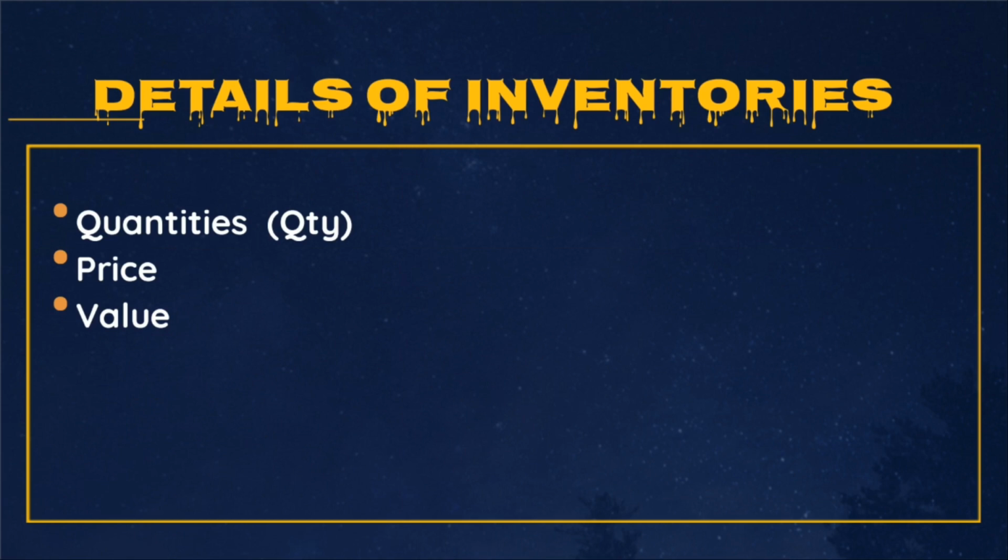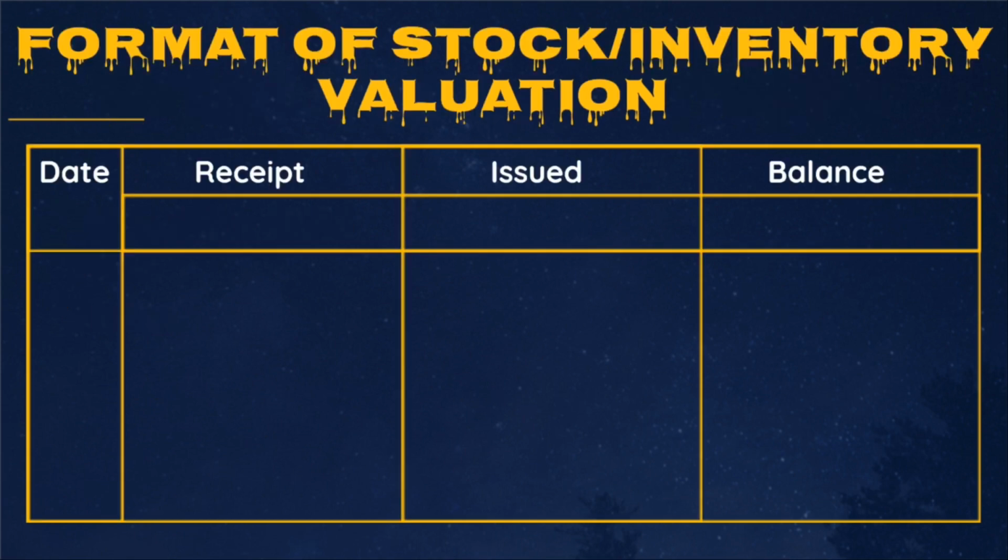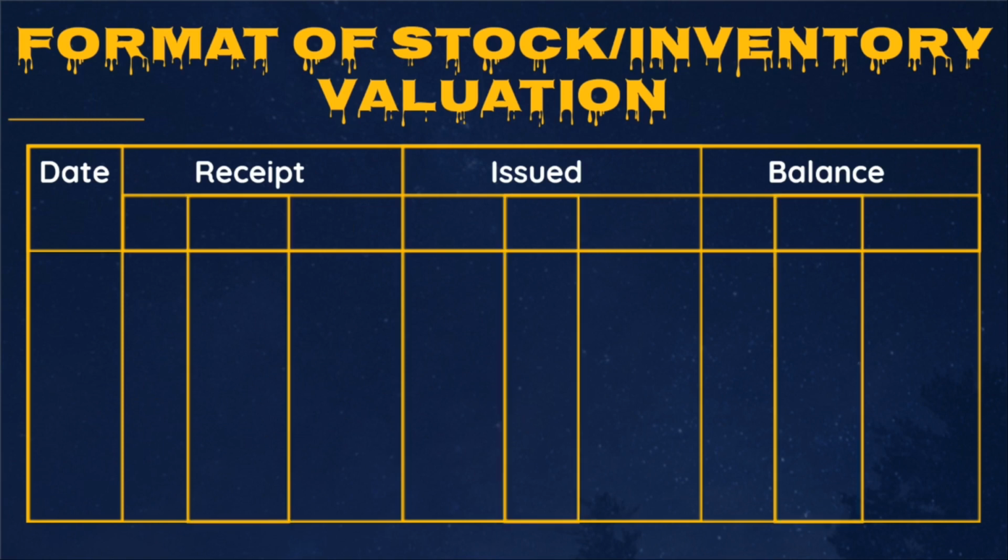So for each of the items that are received or issued out from the store, this information has to be taken. Let's go back to our inventory valuation account. Just like I said, for the receipt, we are going to have 3 additional columns, which will be meant for the quantity, the price, and the value. The same thing happens with the issue as well as the balance.